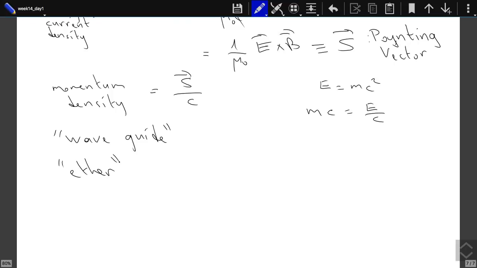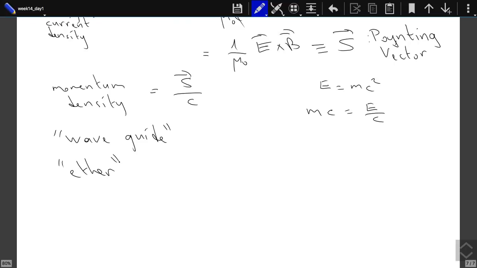Of course, but in vacuum, you can have different reference frames, and in all those reference frames, the speed of light seems to be the same. But some people said, no, it is not the same in every reference frame. The speed of light has that value only in the reference frame in which the ether is at rest. It's the speed relative to ether. That was what they wanted to show.